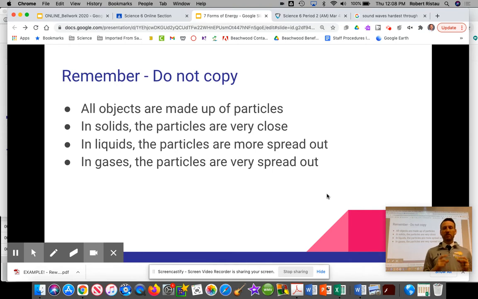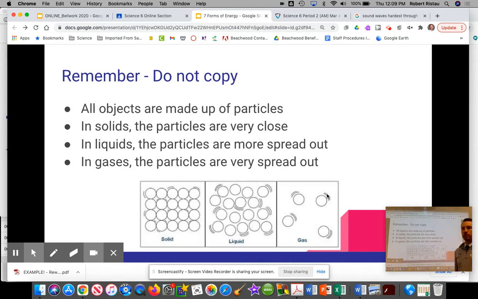That doesn't necessarily come into factor in affecting sound energy, but don't forget about that too. The particles have these characteristics in each of the states. In solids, they're close, a little bit more spread out in liquids, and then really spread out in gases. Here's a quick little diagram of it.